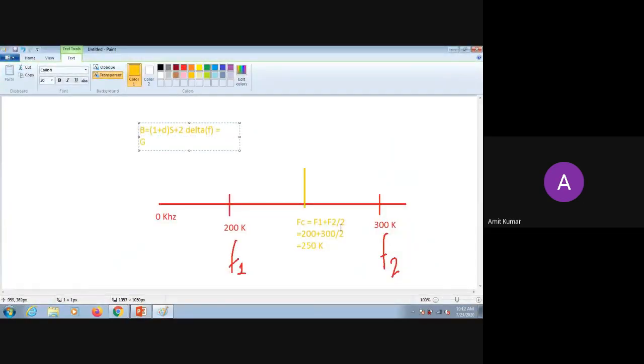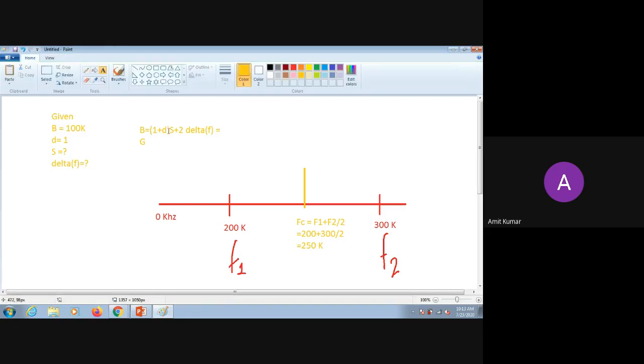Let us see what terms we have. B is given, it is 100K. D is 1. S we need to find out, and delta F we need to find out. We need to calculate these two things.